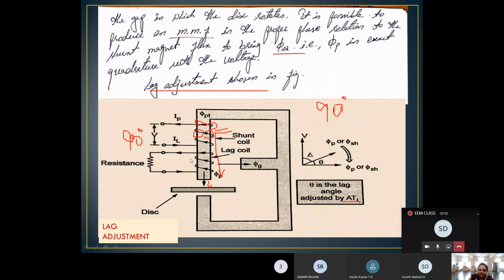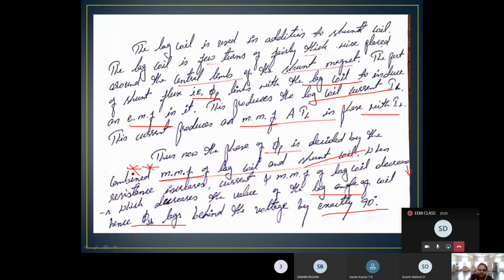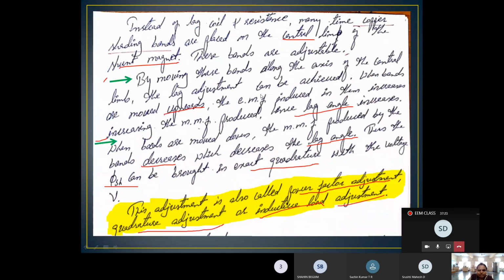We use the lag coil so that we can shift the angle to 90 degrees. Then explain the theory of that. Instead of the lag coil, I can use the copper shading bands also. When the copper shading bands are upwards, the lag angle increases. When they are down, the lag angle decreases. These are the points you have to write in the lag adjustment.